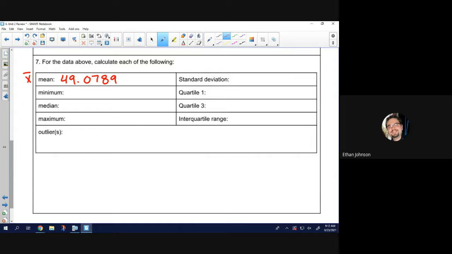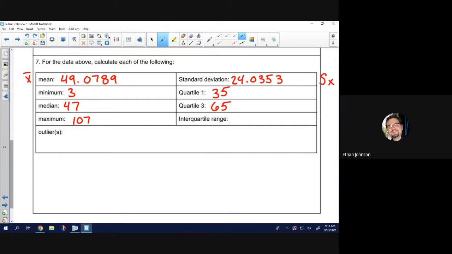Standard deviation in the calculator is your Sx, or in this problem, 24.0353. We scroll down to find our minimum, which is 3. Our Q1, which is 35. Our median, which is 47. Our Q3, 65. Maximum, 107. All of that is on your calculator.